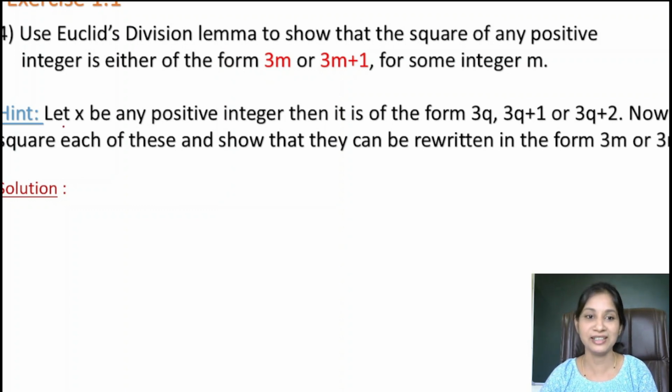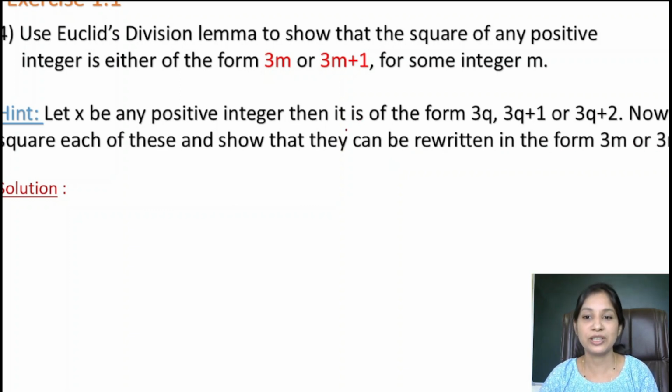One hint they have given: let x be any positive integer, then it is of the form 3q, 3q plus 1 or 3q plus 2. Now square each of these and show that they can be written in the form 3m or 3m plus 1.